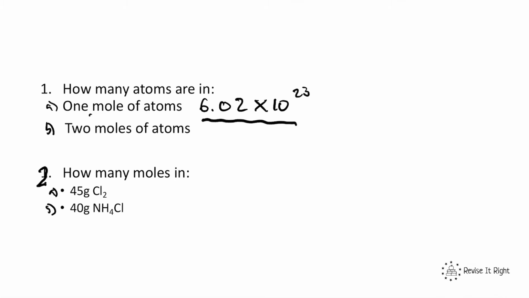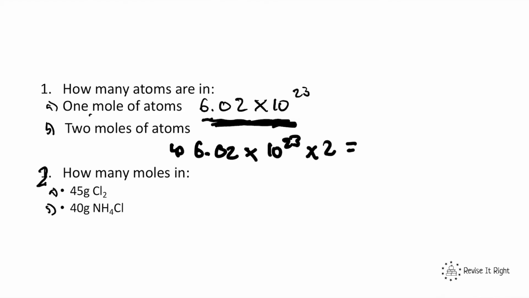Now this next part. If there are this many atoms in 1 mole of a substance, how many would there be in 2 moles? What you'd have to do to work that out is take the number for 1 mole, and if you want it in 2 moles, you just times it by 2. If you wanted it in 10 moles, you times it by 10. If you wanted it in 20 moles, you times it by 20.